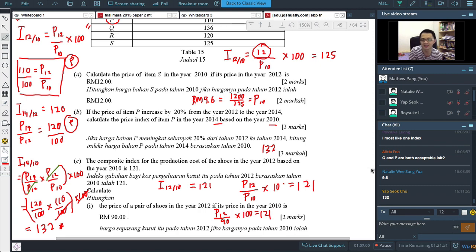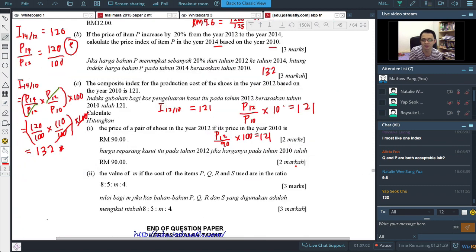Then I can easily get my price of 2012: 121 divided by 100 multiplied by 90. So the price for 2012 will be 108.9. Okay, very easy.